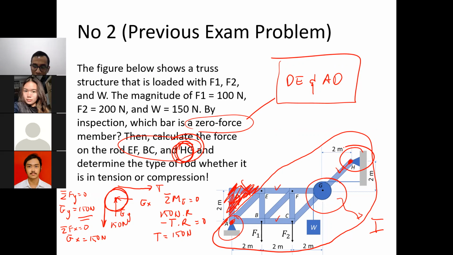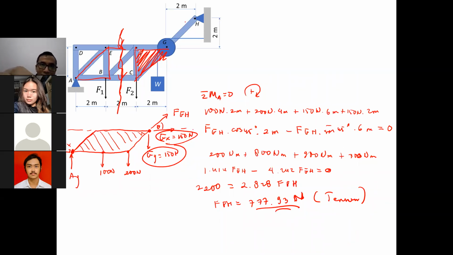Because by doing so, you will reduce the number of unknowns. So here, we remove this and replace it with FGH. That's all the things you're supposed to know about this particular problem: how to simplify the problem. I think that's all.